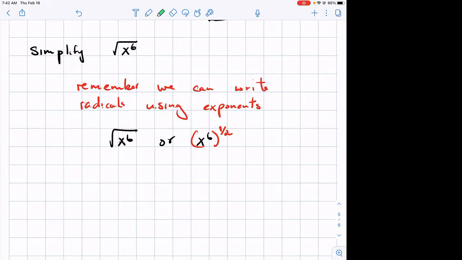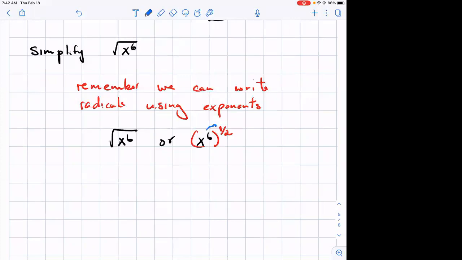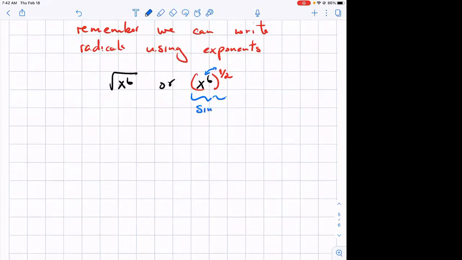Now, if you remember, when we have an exponent raised to an exponent, all we do is multiply these. So if you simplify this, you get x to the 3rd, because 6 times 1/2 is 3, and that's your answer.